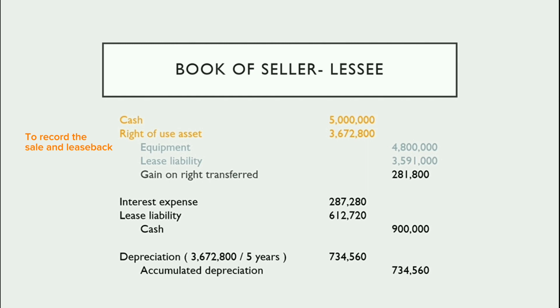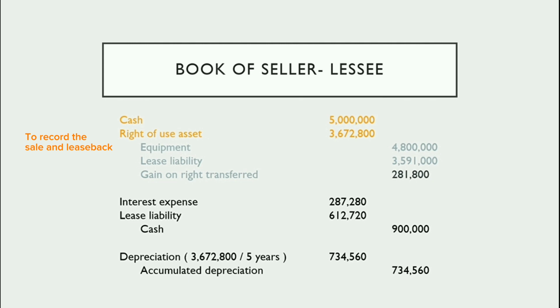And then, we also credit gain on right transferred. So, sa sale transaction, supposedly gain on sale yan. Pero, gain on right transferred yung gagamitin natin kasi di naman totally dine-recognize ang asset but ni-leaseback. So, to know that, pwede tayo mag-T-account. Yung i-add natin ang credit side and also the debit side.